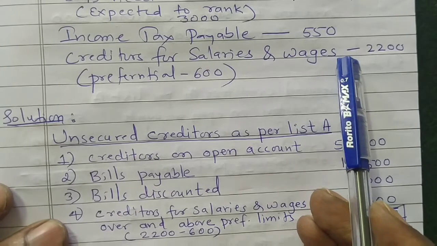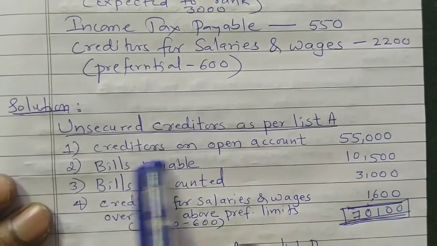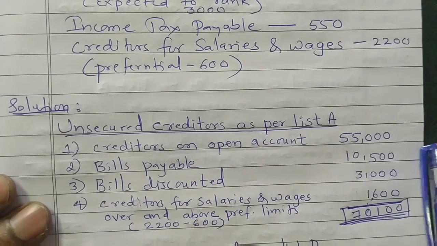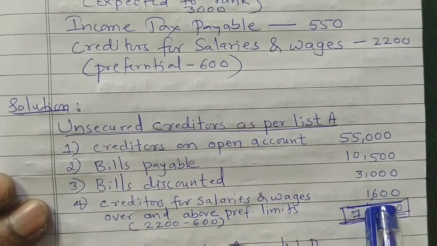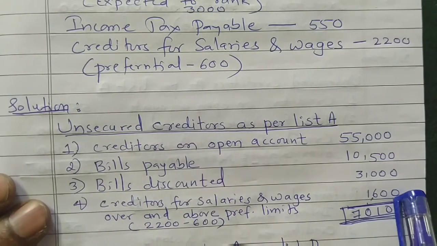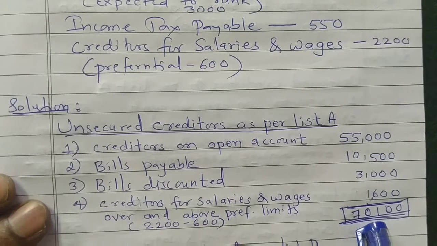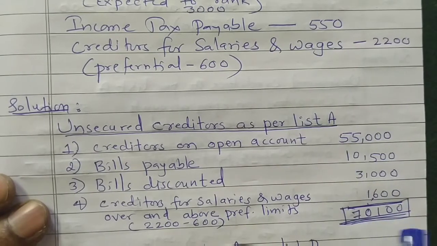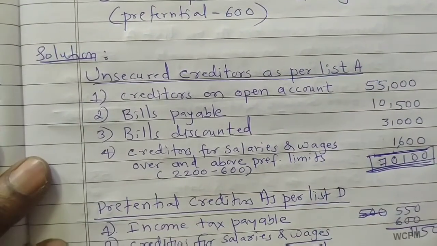So creditors on account 55,000, bills payable 10,500, bills discounted 3,000, creditors for salaries and wages 1,600. Total is 70,100 of unsecured creditors. List A amount is 70,100.